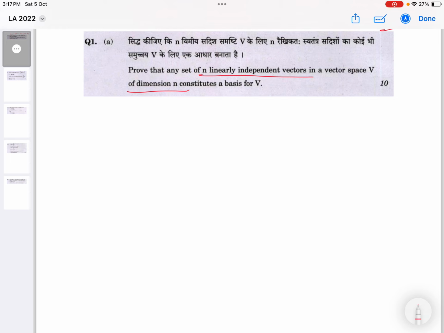तो यहाँ पे given है कि V is a vector space.